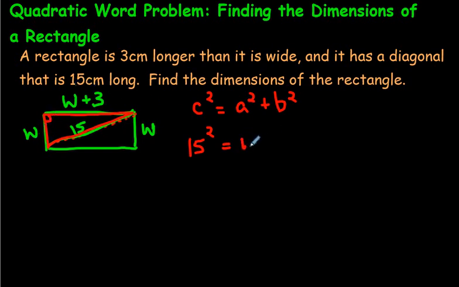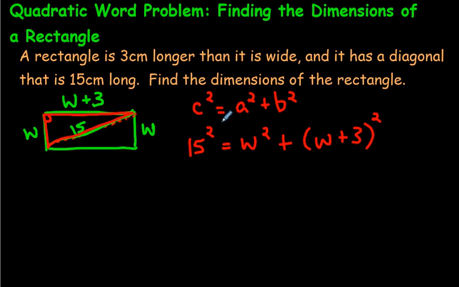So W squared, plus this squared, which I'm going to put in brackets to make it easier to see, will equal 15 squared.